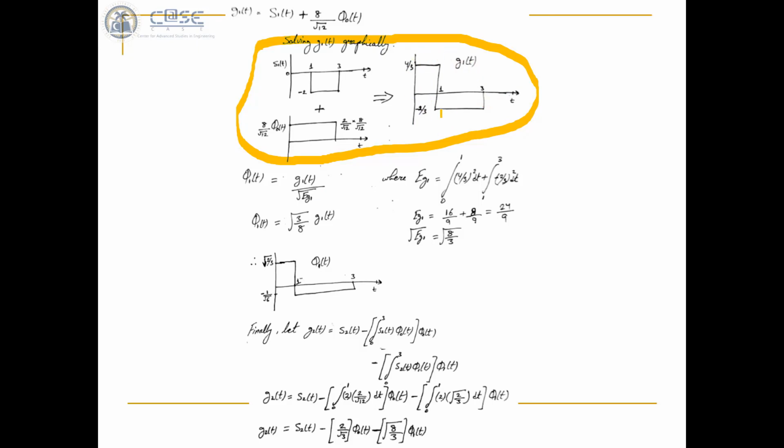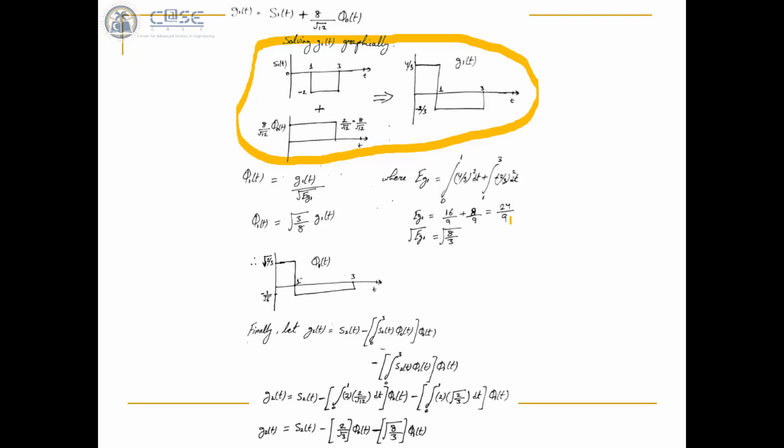You can compute its energy by taking the square of the function and then integrating it. So from 0 till 1 it is 4 by 3 square, and from 1 till 3 it is minus 2 by 3 square. So you can compute the energy, which is equivalent to 24 by 9 here.